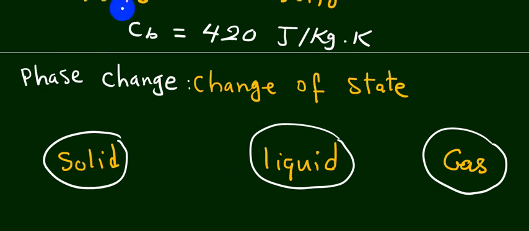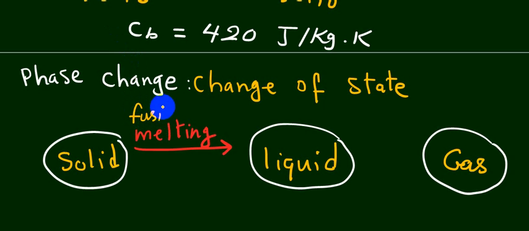The change from solid to liquid is called melting. The change of state, or the phase change from solid to liquid, is called melting or fusion.